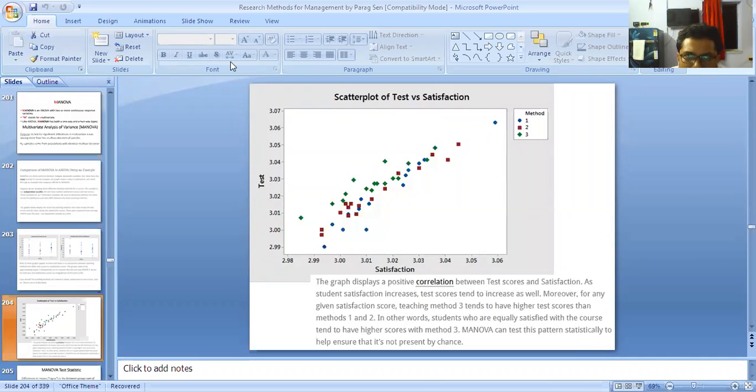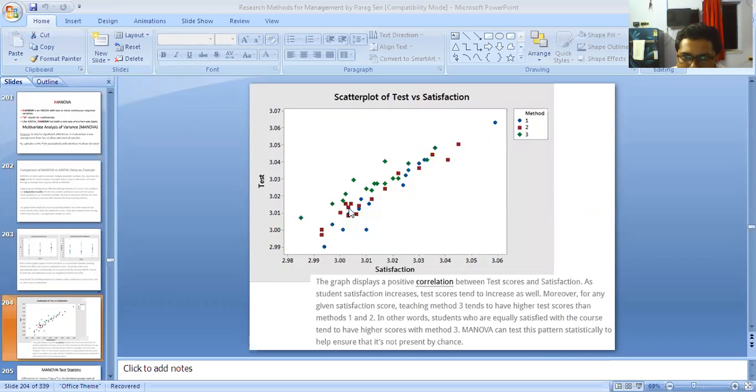Now, if you look at this dot, this student has the same satisfaction score, but he is getting more test score because he has gone through teaching method 2.